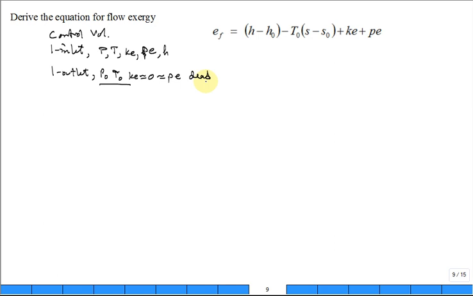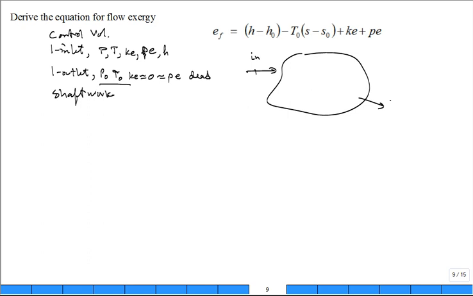All right, so you have one shaft for work, and you're going to do an exergy balance. So here's our system. Here's our inlet over here. Here's our exit, and it's at the dead state. And we're really interested in putting as much of the energy that's coming in with this stream of flowing fluid.